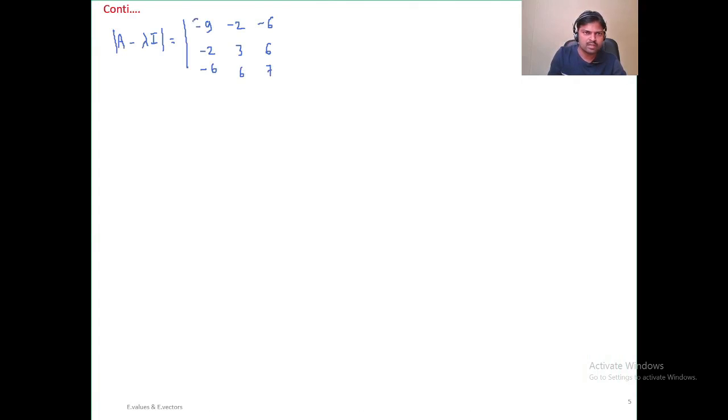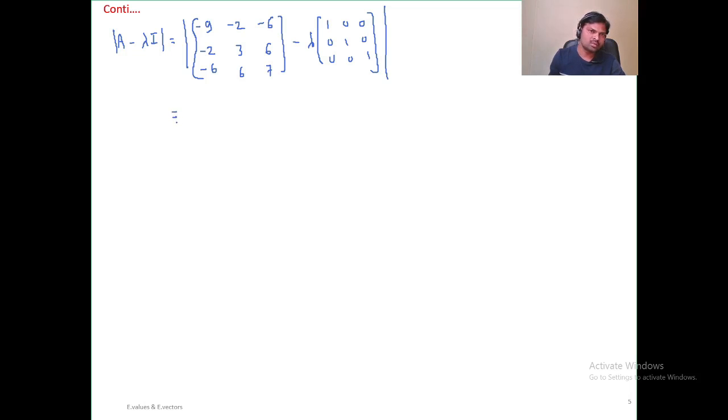So this is matrix A. This is matrix A minus lambda into I. I means the 3 by 3 identity matrix: 1, 0, 0 and 0, 1, 0 and 0, 0, 1.